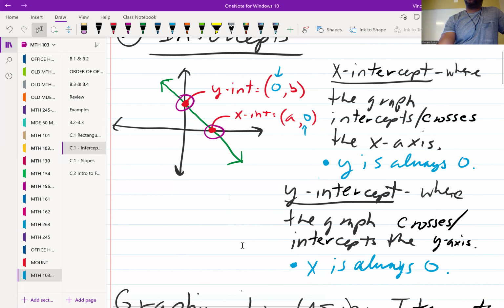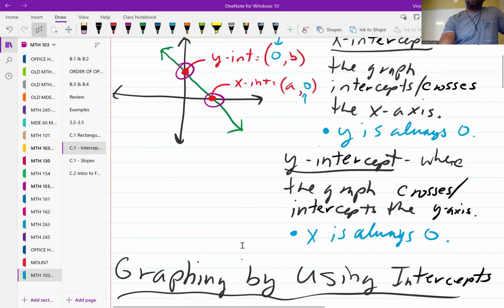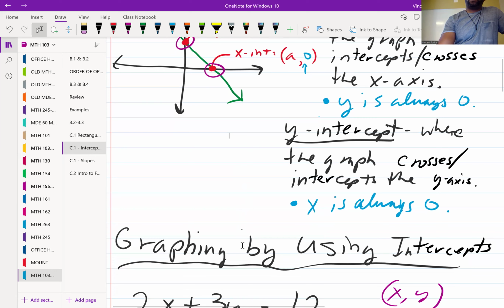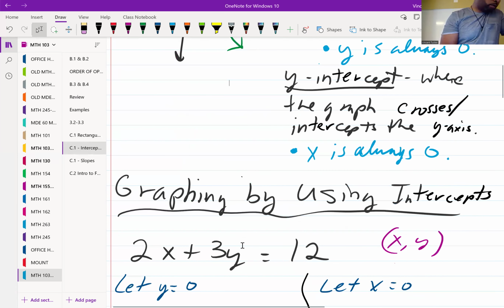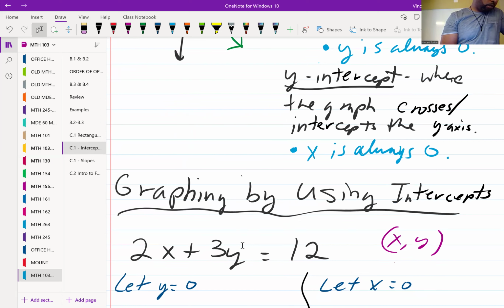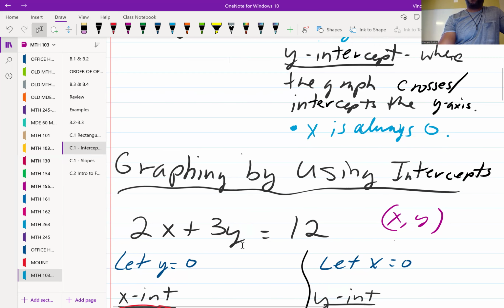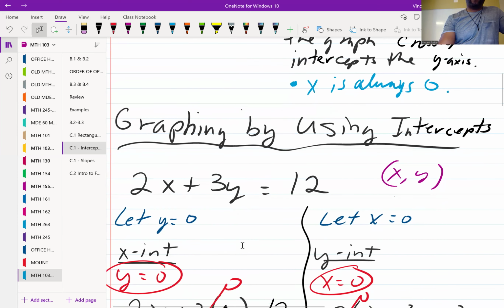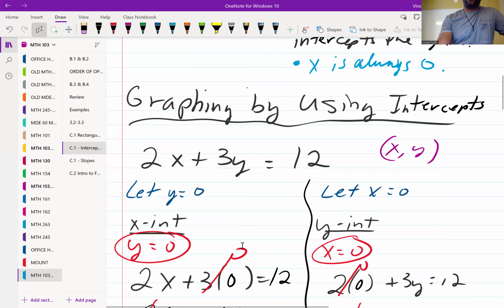Let me scroll up on that y-intercept. All right, so let's look at how we graph using our intercepts.